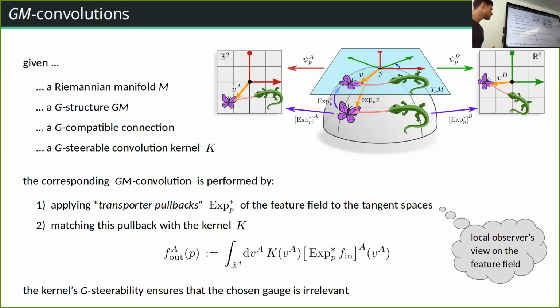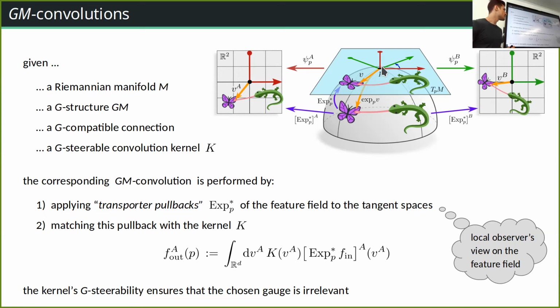The first one is applying what I call a transporter pullback of the feature vector field. It's more or less a pullback by the exponential map. So we have our kernel in the tangent space, but our feature vector field is on the manifold, and we need to project it up to the tangent space. And we do this by, let's say we want to have the feature vector value at the vector v. Then we take the exponential map of v.